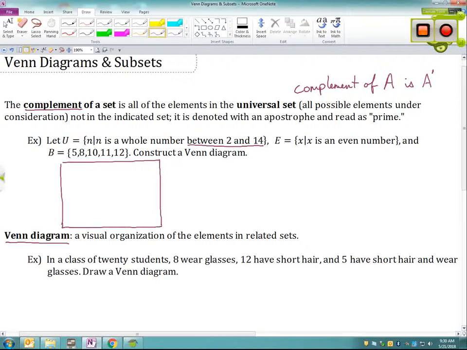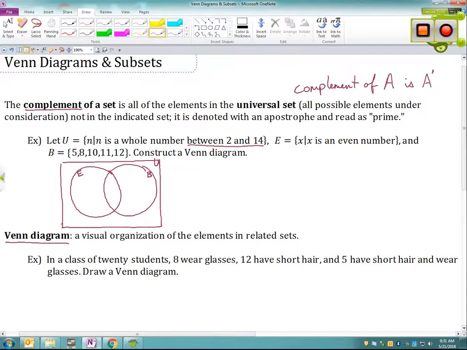Everything inside this box is U, so I'll put a little U in the corner. Within that, we have set E and set B. I'm going to use bubbles for these, and they're going to be overlapping because there are some elements that are in both of those. This is going to be set E, and this bubble will be set B.